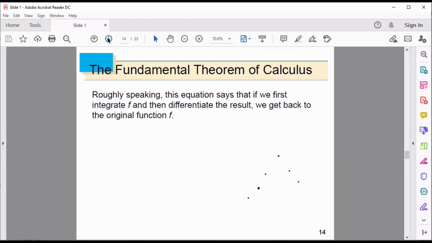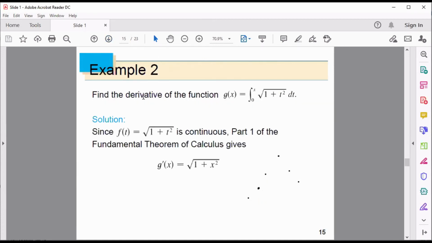Then this is the important part. As an application, I want the derivative of g. What is the derivative of this function? This function is an integral between one fixed point and x. Be careful. It's between one fixed point 0 and x. Okay, when we have 2x, the situation is different.